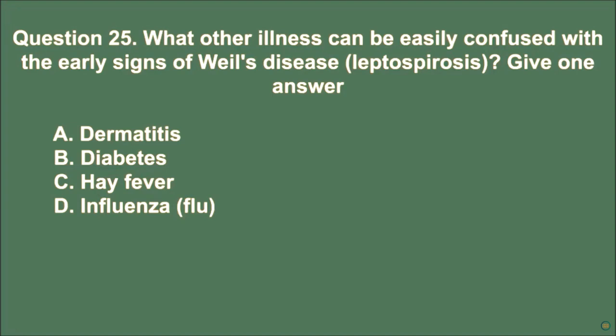What other illness can be easily confused with the early signs of Weil's disease, leptospirosis? Give one answer. A. Dermatitis. B. Diabetes. C. Hay fever. D. Influenza, flu. D. Is the correct answer.